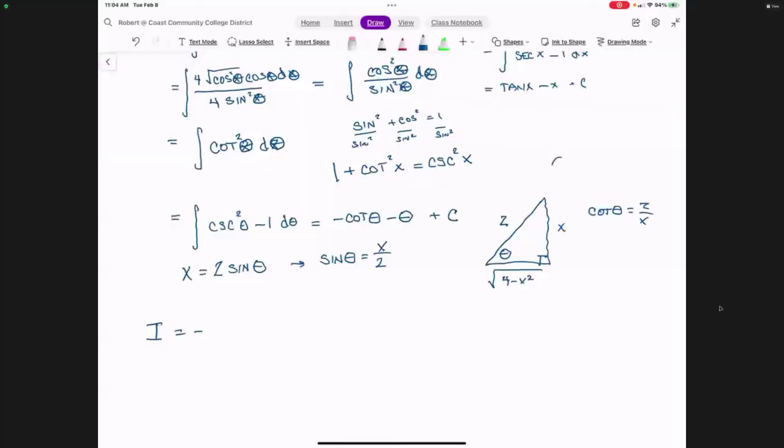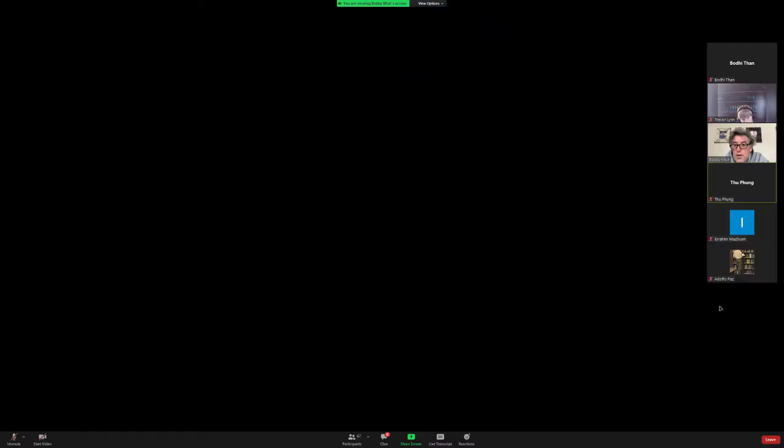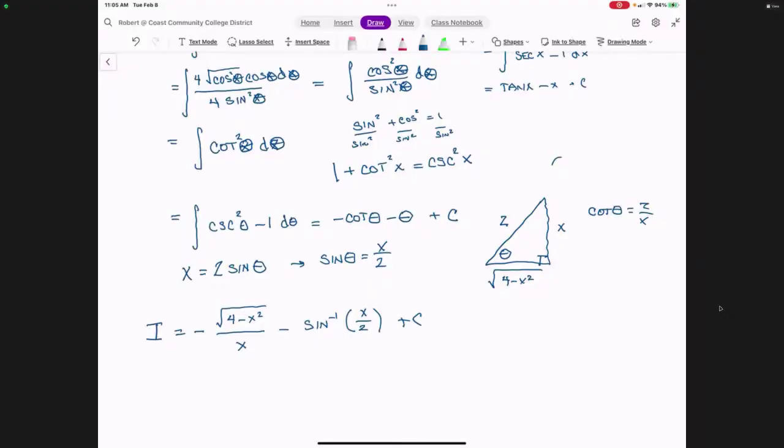Okay, so the cotangent of this theta is going to be square root of 4 minus x squared over x, minus theta, which is the sine inverse of x over 2. So there's an awful lot of stuff going on in that problem.